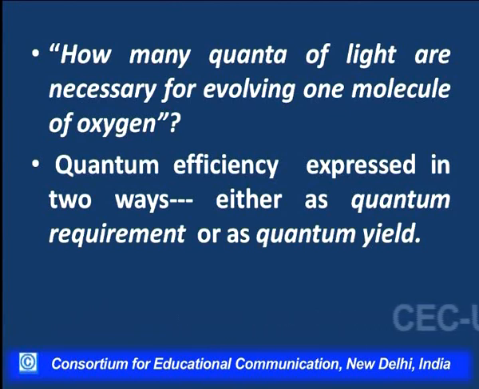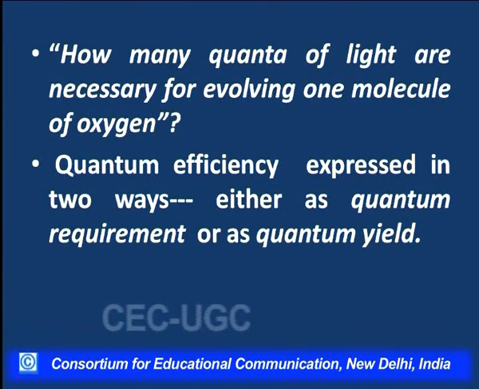But then let us now start the whole idea by asking ourselves a very important question. The whole equation of photosynthesis revolves around light, oxygen being released, and water being photolysed. So the question is, how many quanta of light are really necessary for evolving one molecule of oxygen?